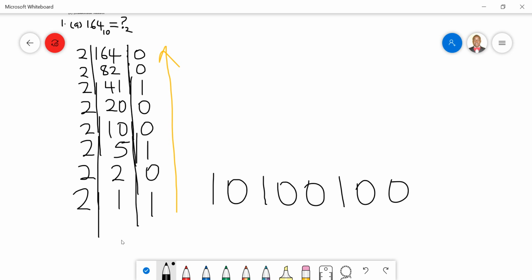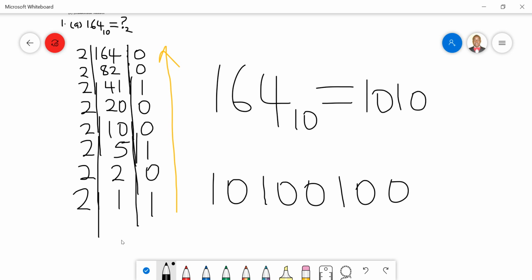We start from down going up. So therefore we conclude that 164 base 10 is equal to 1 0 1 0 0 1 0 0 base 2.